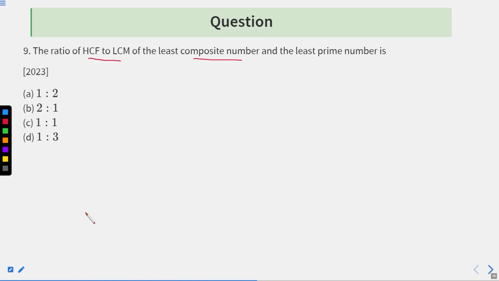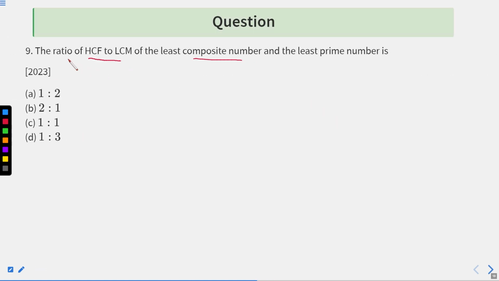So the ratio of the HCF to the LCM of the least composite number and the least prime number is 1:2. Here you can see the option.